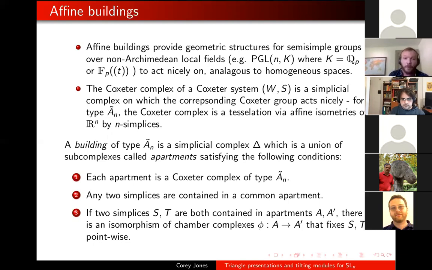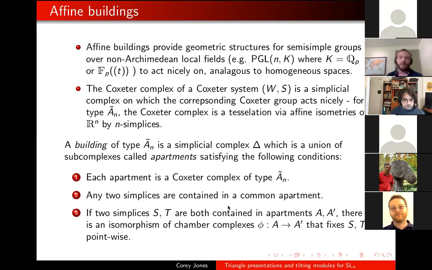Okay, so a building of type affine A_n is going to be a simplicial complex that in some sense is modeled on these affine A_n Coxeter complexes. So it's going to be a simplicial complex which is a union of subcomplexes called apartments. And each apartment is itself a Coxeter complex of type affine A_n. And it has to satisfy the following conditions.